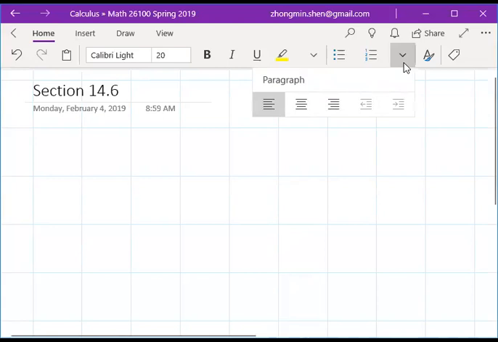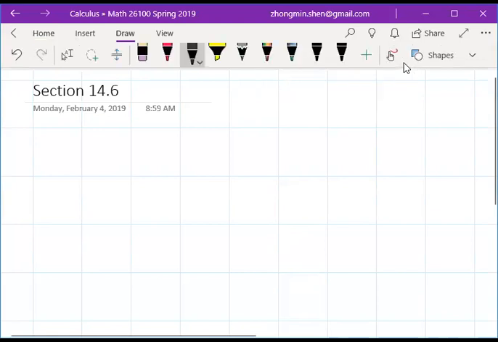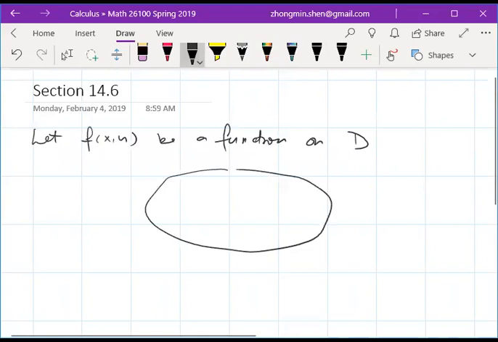Okay. So let's begin with a function of two variables. The case will be similar for higher dimensions. So let f(x, y) be a function on a domain D. D could be something like that in R2, in the XY coordinate system.